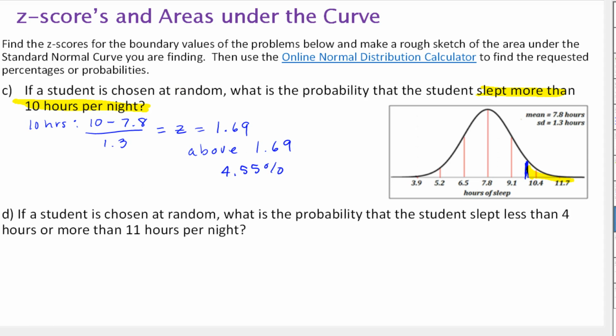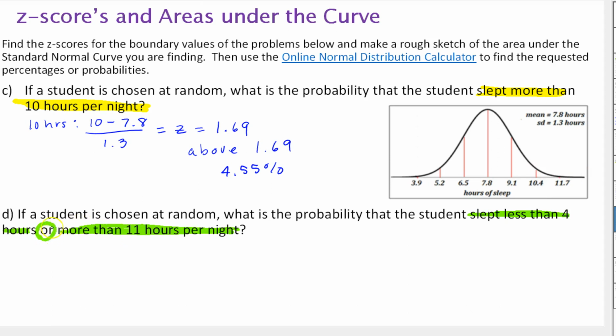Now in this last one, we're asked if a student is chosen at random, what is the probability that the student slept less than 4 hours or more than 11 hours per night? Okay. So we call this the tails of the distribution. We call these pieces tails. There's a left-hand tail and a right-hand tail. And this is going to be two separate areas.